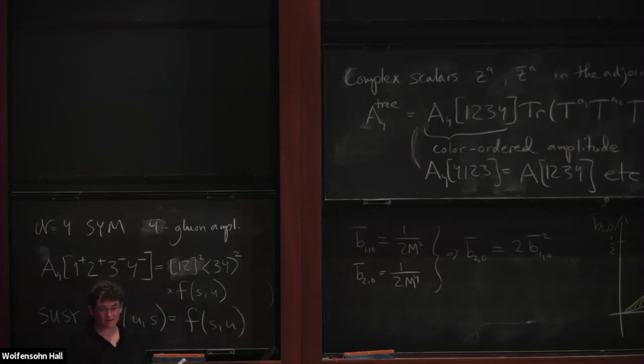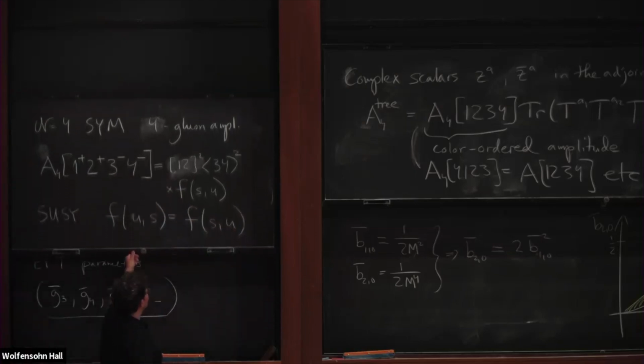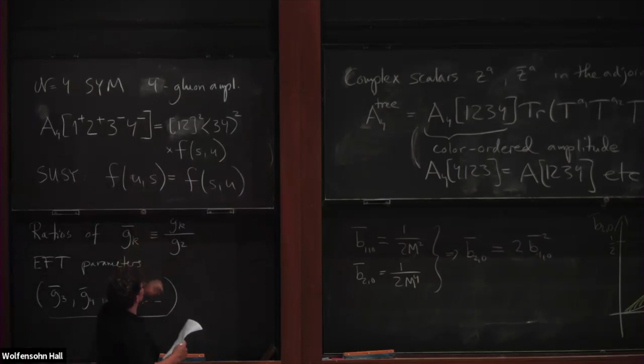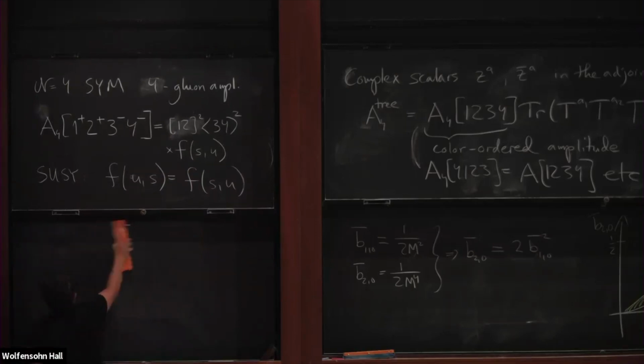Now, it takes at least half a lecture to go through the setup for supersymmetry and all the requirements, but that is essentially the part that we need. And this relation, that this function of s and u has to be symmetric in s and u, is really going to be important for us.